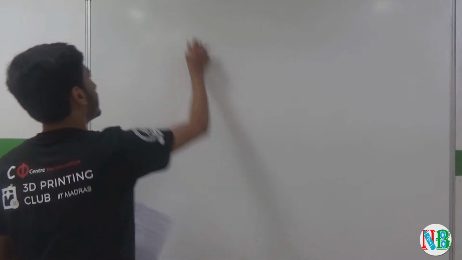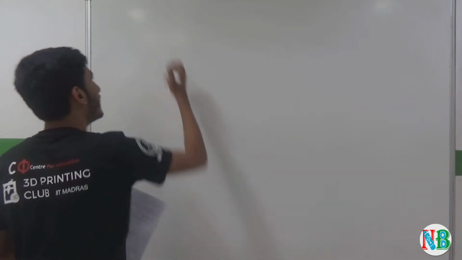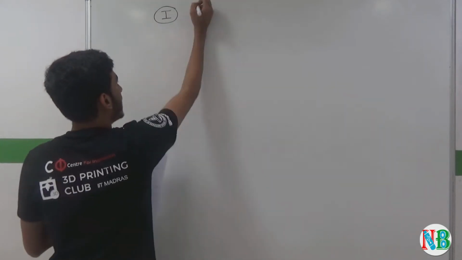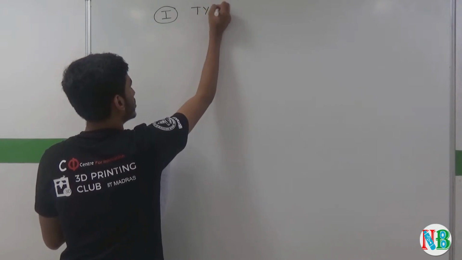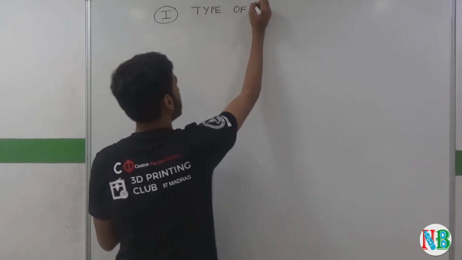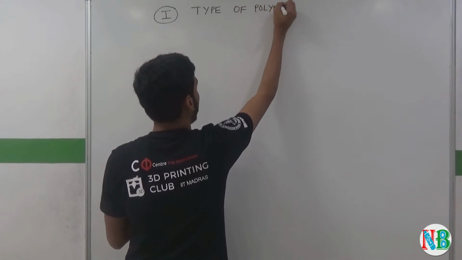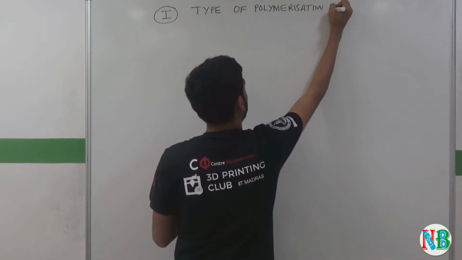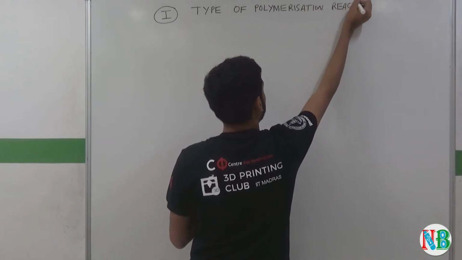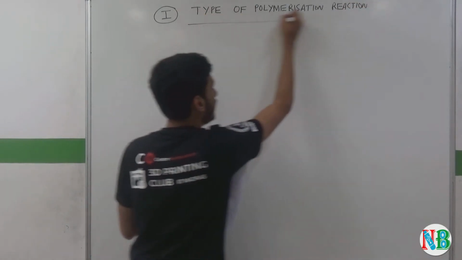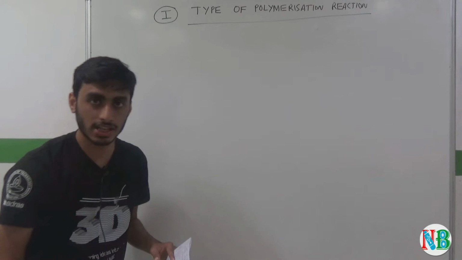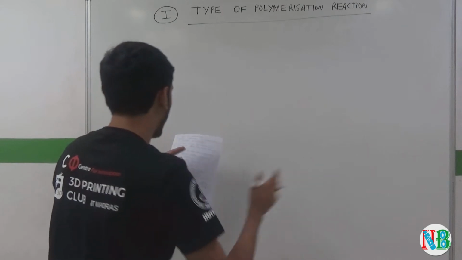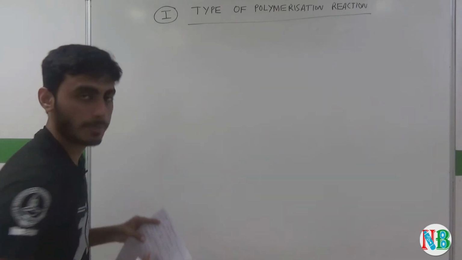So the topic we have in our hand says types of polymerization reactions. In this section we will only learn about the reactions, how these blocks are added to each other, all the formulas and equations.